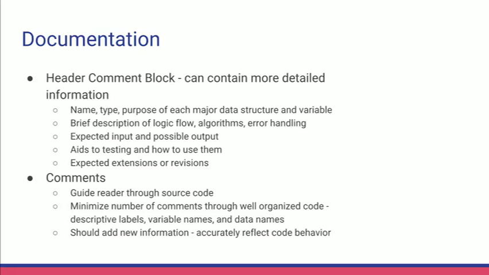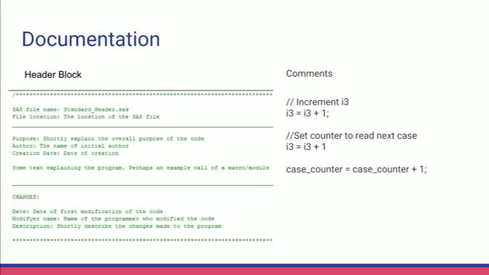So you want to minimize the amount of comments in your code by using descriptive labels, variable names, and data names. And also comments should add new information and accurately reflect code behavior. And here are two examples. On the left, we have a header comment block, and on the right, we have some examples of comments.